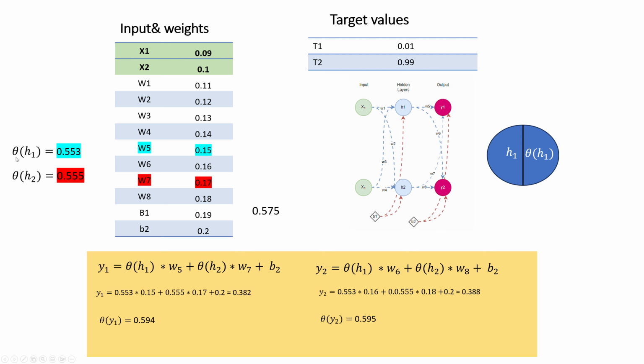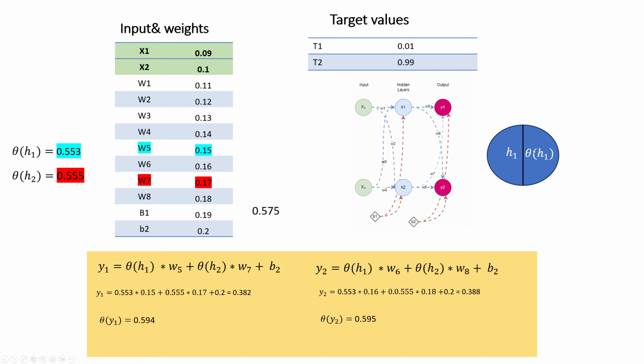From the previous slide, I have the outputs sigmoid of h1 and sigmoid of h2, and I get these values. Now let's try to find y1. It's easy. The input is not h1, but the sigmoid function of h1, as I said, we have to split it into two parts.